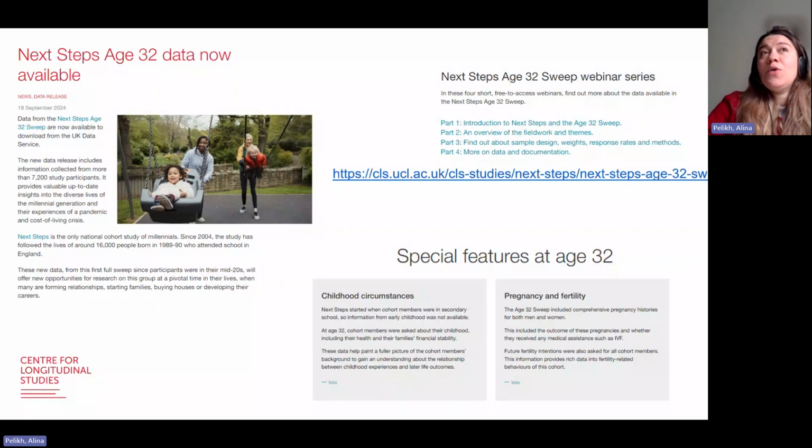And just to highlight, as my last slide, the next steps: age 32 data is now available and has been deposited on the UKDS. The most recent sweep has a lot of interesting special features that I highly recommend you check out. We have a very short webinar series that highlights various aspects of the data.